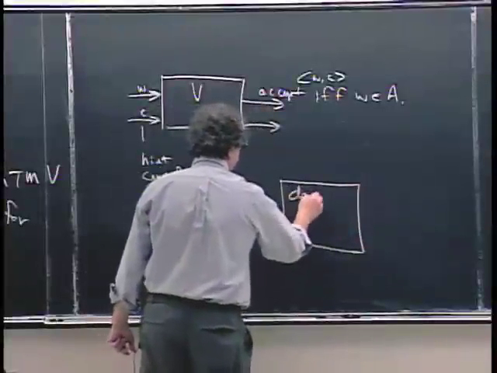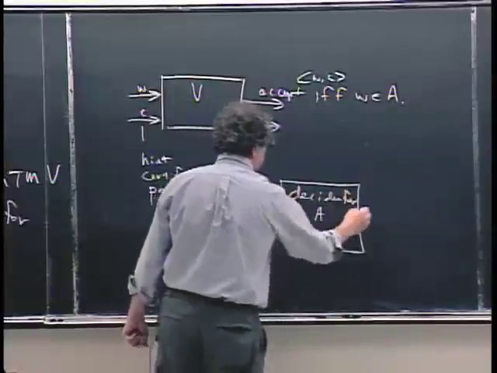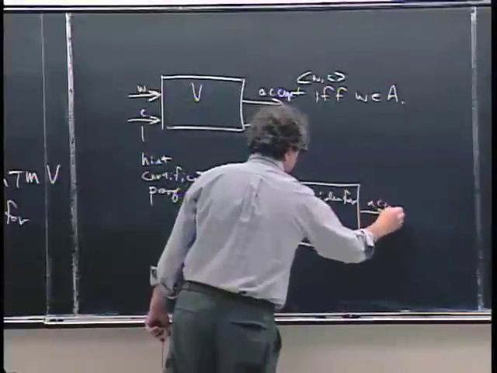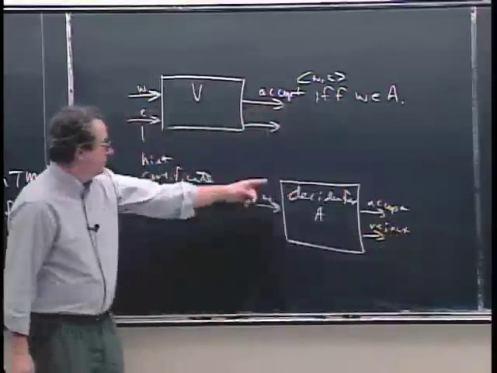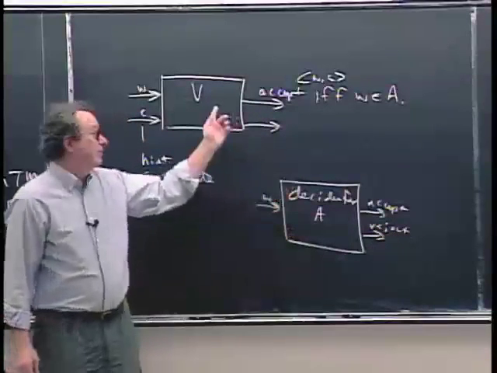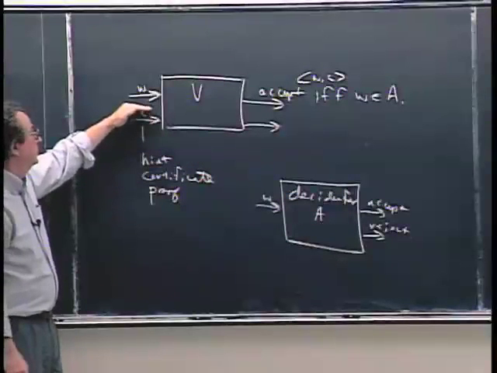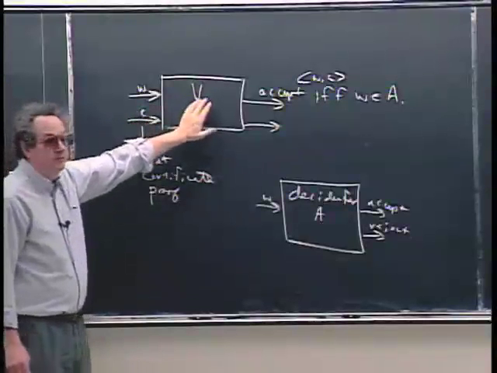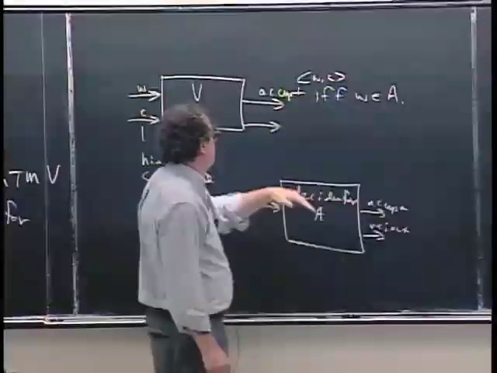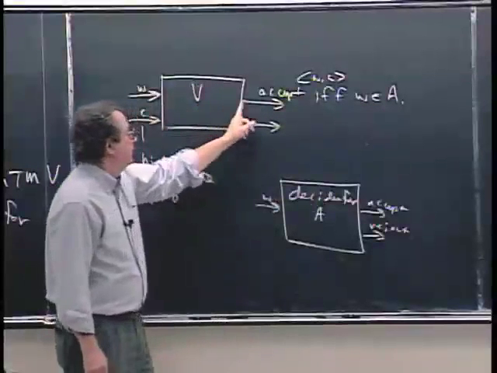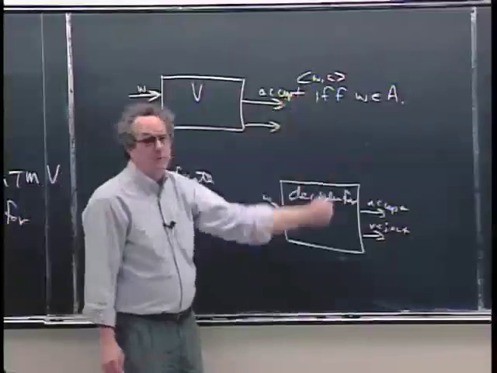A decider for A is more difficult to get your hands on than a verifier, because a verifier gets this extra piece of information which can help V accept if and only if W is in A. And it's even weaker than that, because we only have this condition on accept. We don't even require that it rejects when W is not in A.